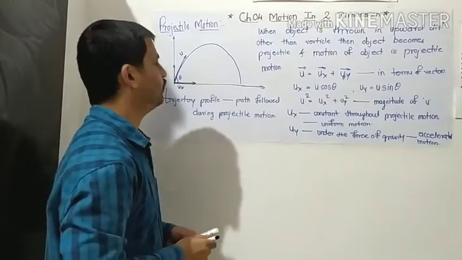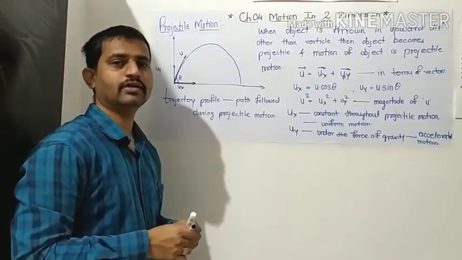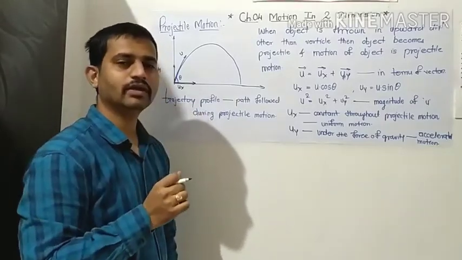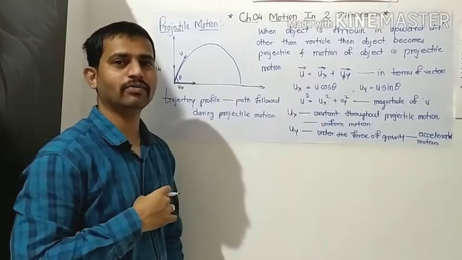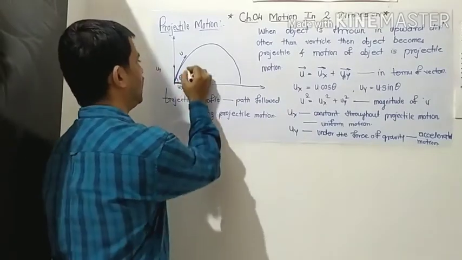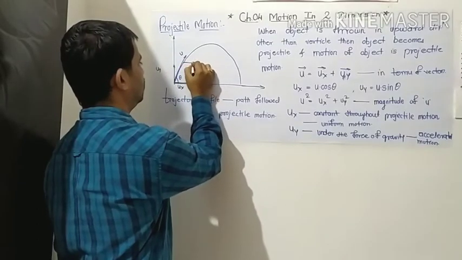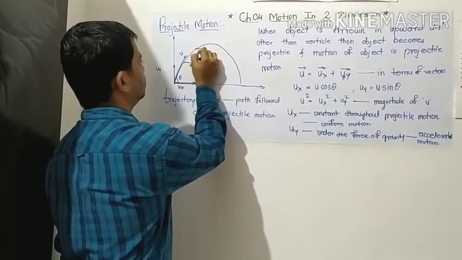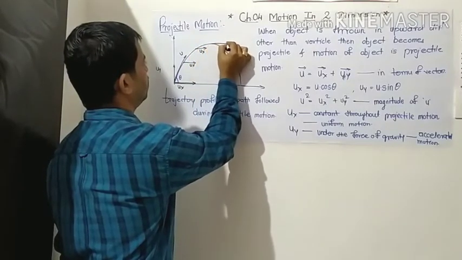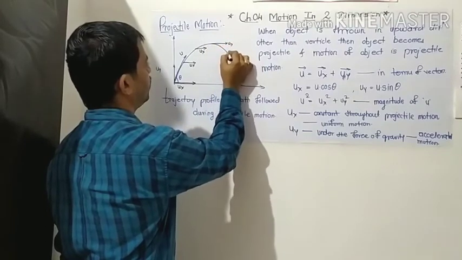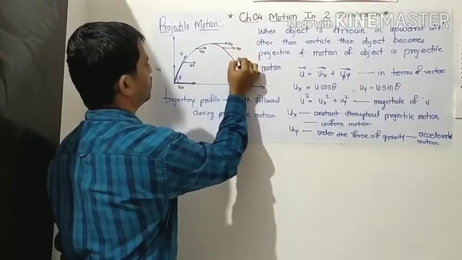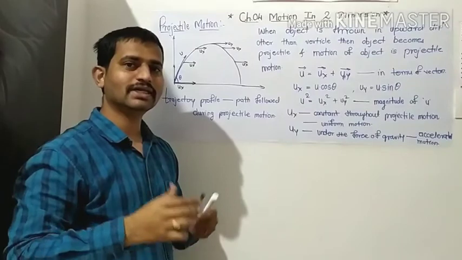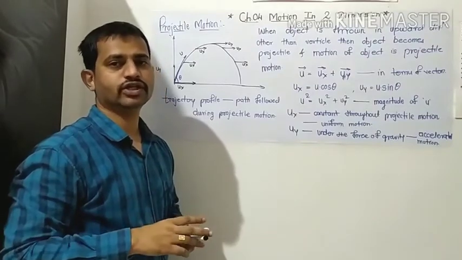Okay, so if we draw this on the projectile or on this trajectory path, then when we consider the motion of an object in the horizontal direction, at any point of that trajectory path, it is ux, at this point it is ux, at this point it is ux. So the value of the horizontal component remains the same throughout the projectile path.